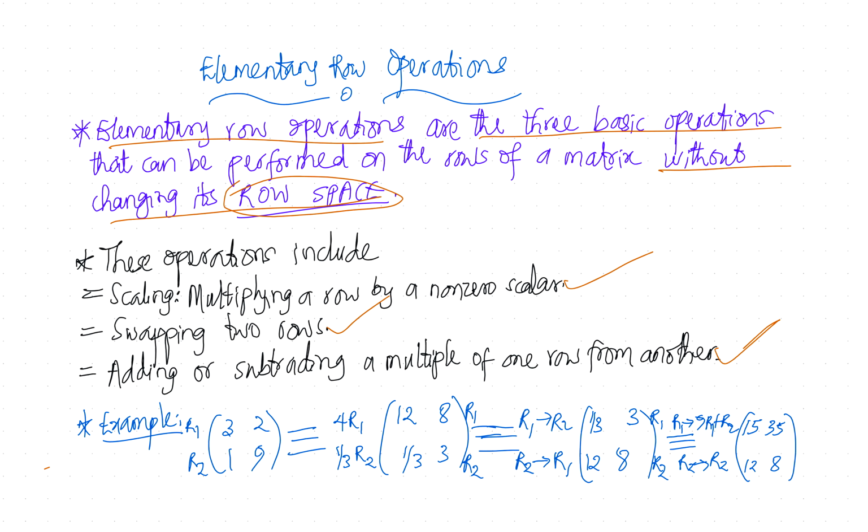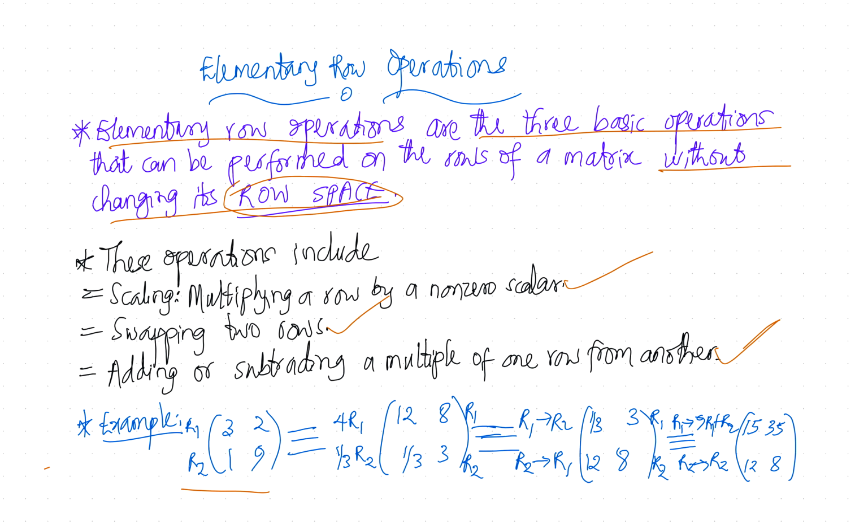To give an example of all these three steps, I have this matrix with 2 rows and 2 columns: 3, 2, and 1, 9. Before I forget, we have elementary row operations, and in the same way we can also have elementary column operations. Scaling in that case will be multiplying a column by a non-zero scalar.